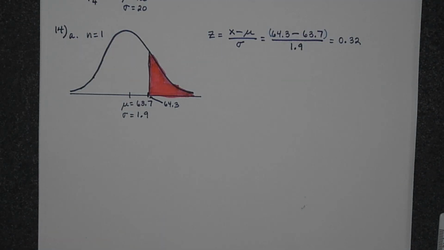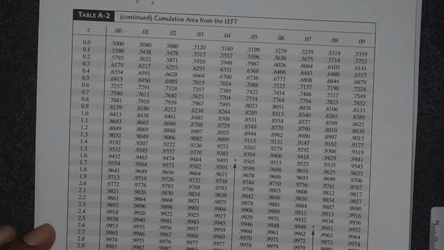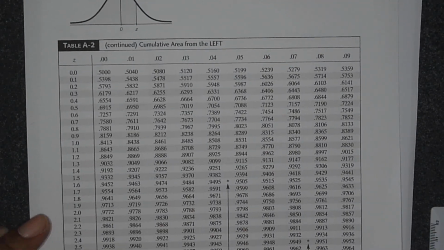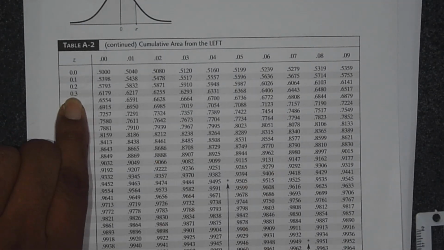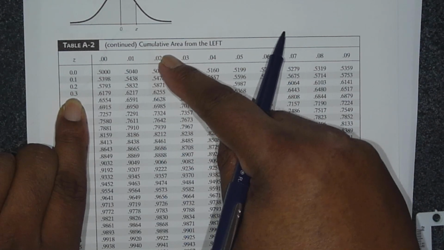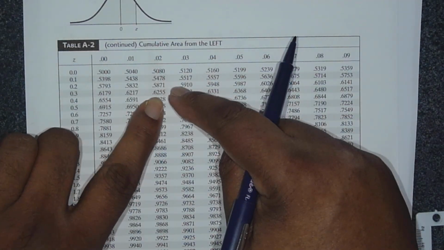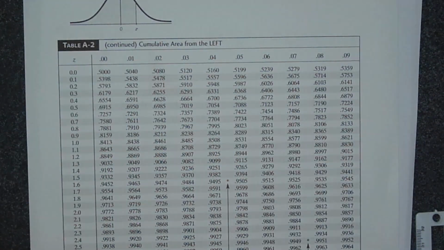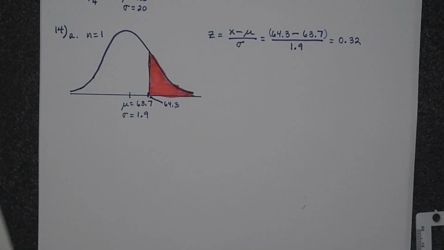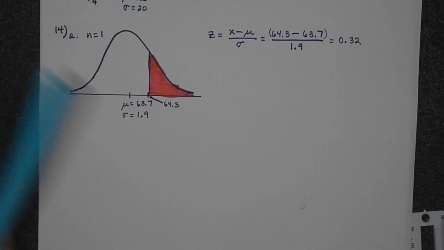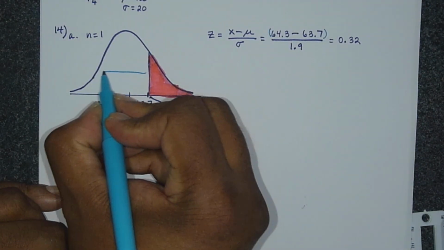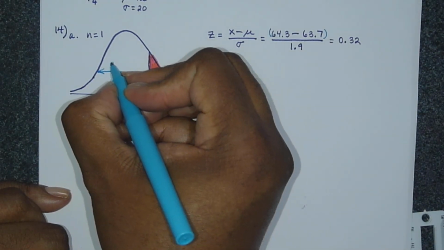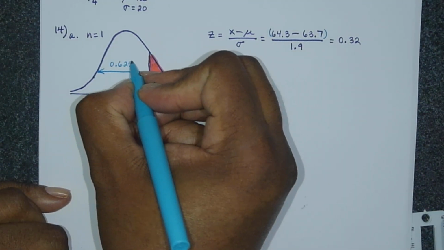Now we're going to use table A-2 to find 0.32. It's a positive z value, so we have to look on the side that says positive z-scores. So 0.3 and 0.02 gives us 0.6255. However, that 0.6255 represents this area to the left, which is not what we're looking for.